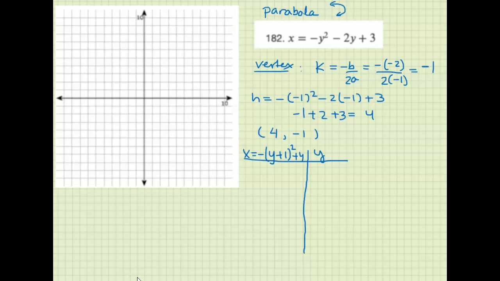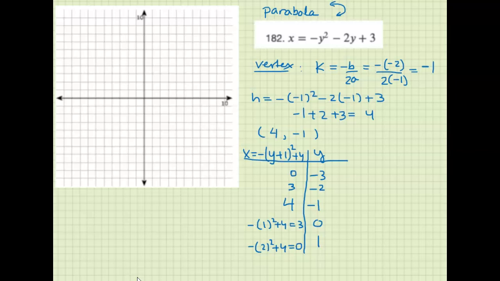We're going to put our vertex in here, (4, -1). Pick 2 values of y that are bigger and 2 that are smaller. Plug the bigger ones in. So we have -(1) squared plus 4, which is 3, and this is also 3. Plug in 1: -(2) squared plus 4, -4 plus 4 is 0, and this is 0.